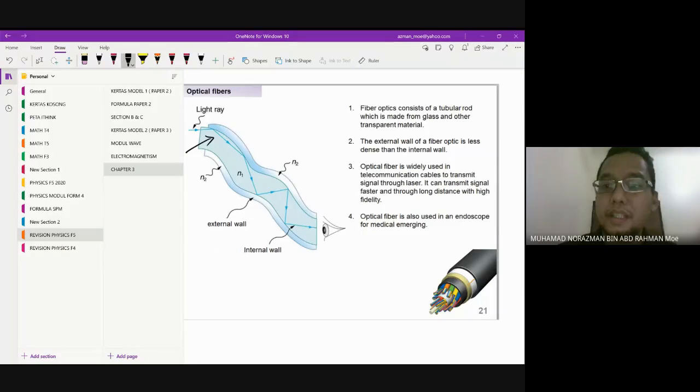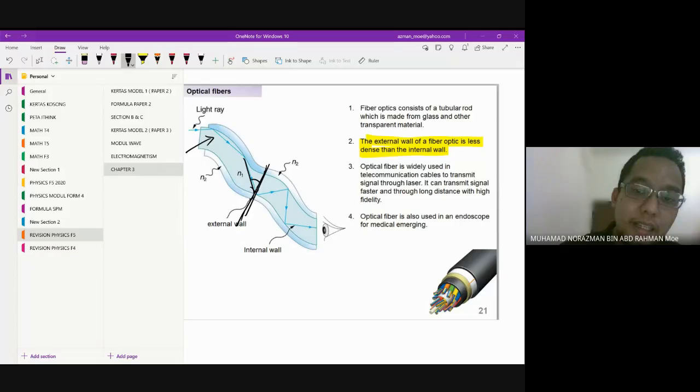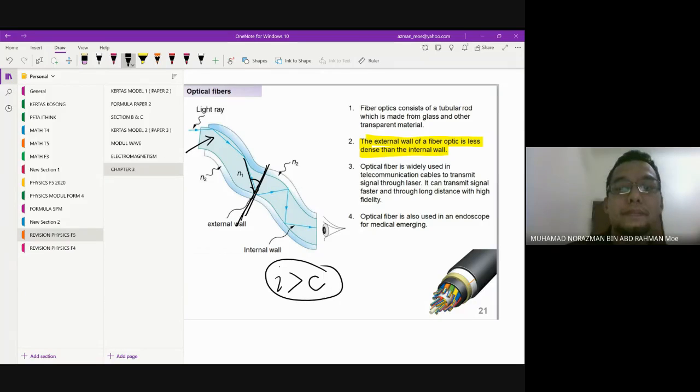Next, point number 2. Sini nampak external wall is less dense than internal wall. So from denser, dia nak keluar tu less dense. Karakteristik number 2, incident angle must be greater than critical angle. So total internal reflection occur. Nampak 3 point tu. First mesti cakap from denser to less dense.